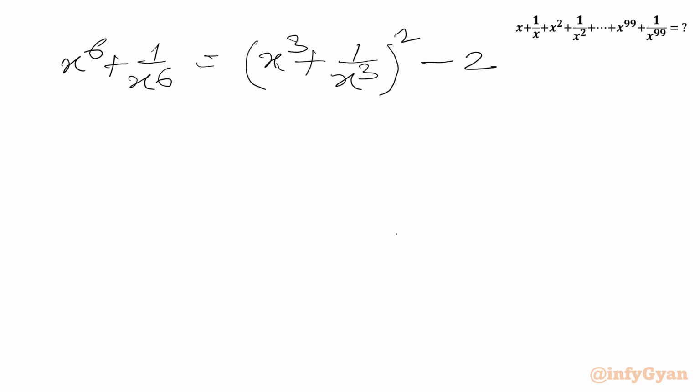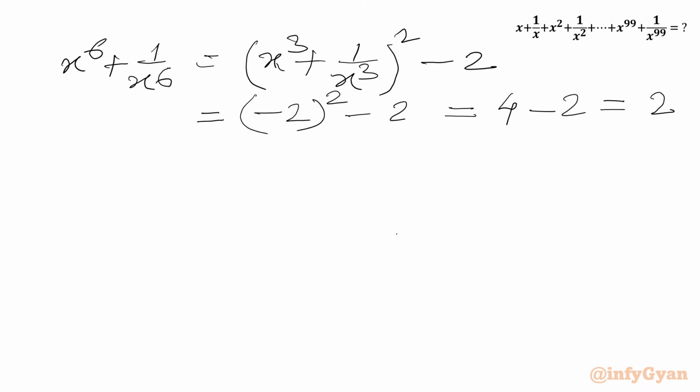We have calculated x cube plus 1 over x cube equal to negative 2. So I will be writing minus 2 whole square minus 2, which will be equal to 4 minus 2. So I am getting x power 6 plus 1 over x power 6 value is 2.